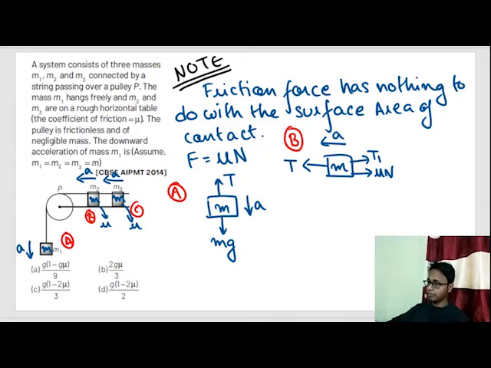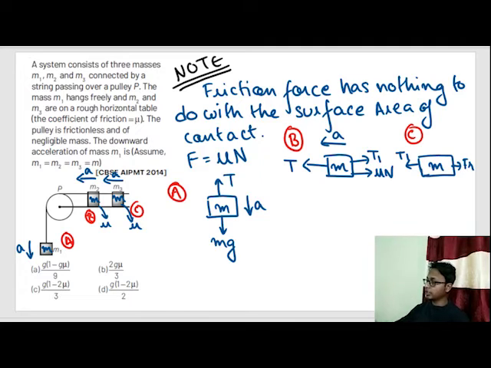And let's say block C, mass M. T1 is pulling it towards the left, and friction force will stop the body from moving.